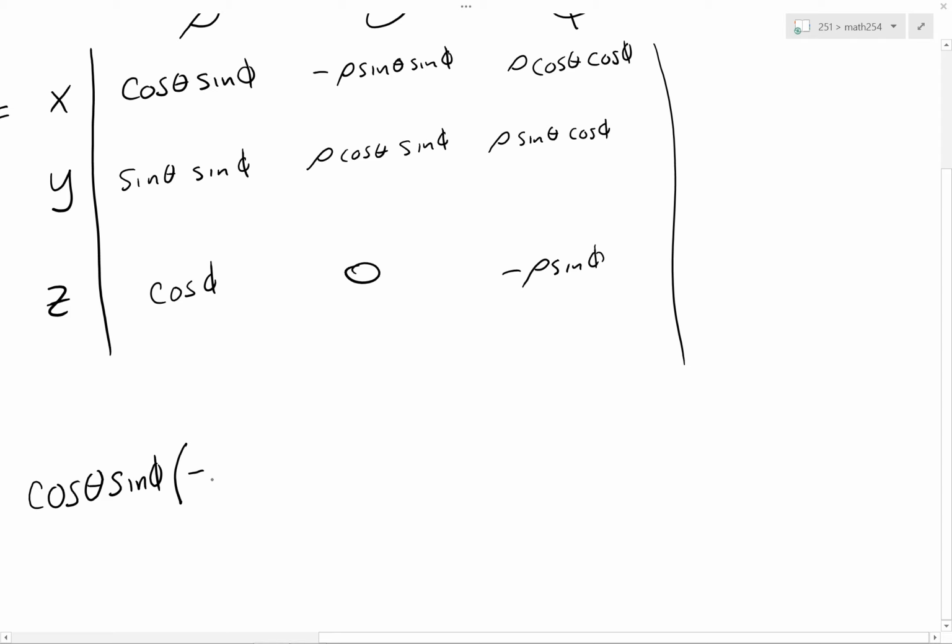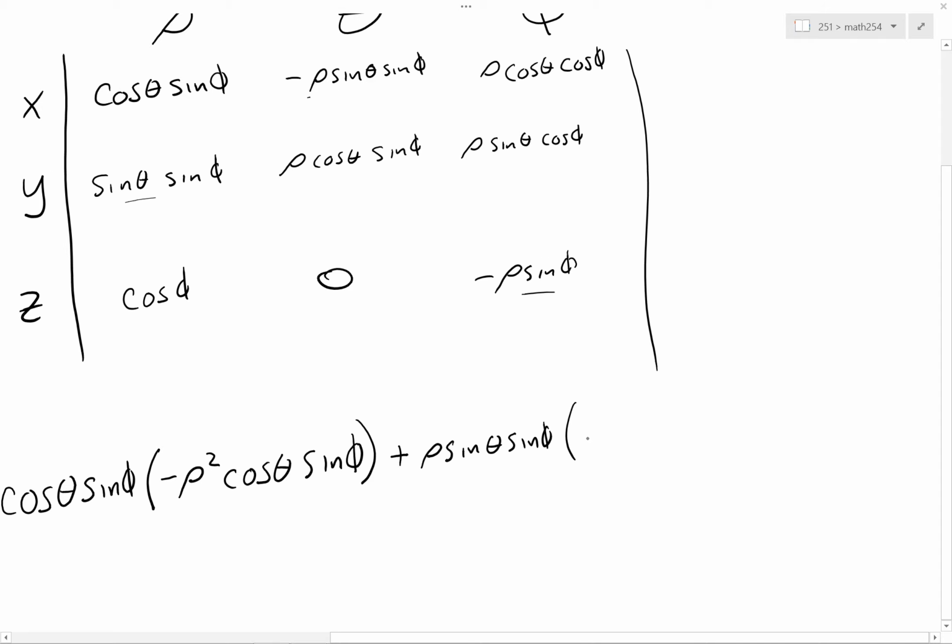So it's going to be a minus rho squared cosine theta sine phi. Minus, but it's this guy, so I'm going to make it a plus rho sine theta sine phi, because this one up here is already negative. And then it is this guy times this guy, so it's going to be a negative rho sine theta sine squared of phi.